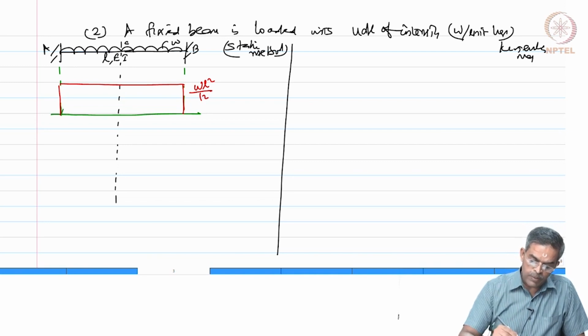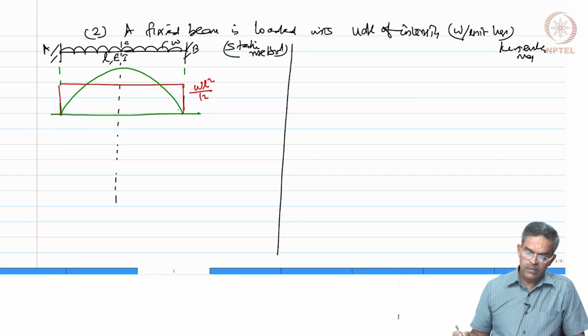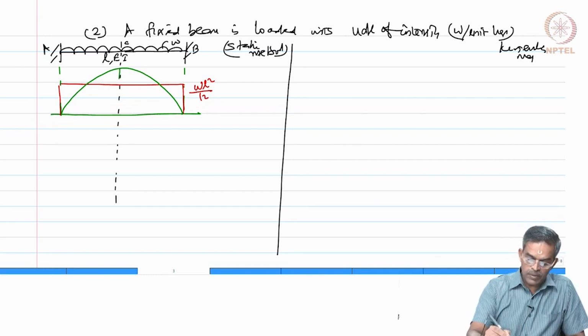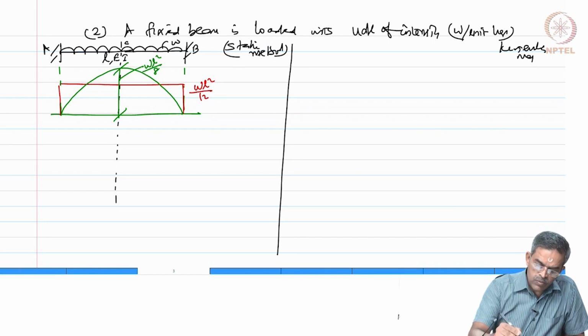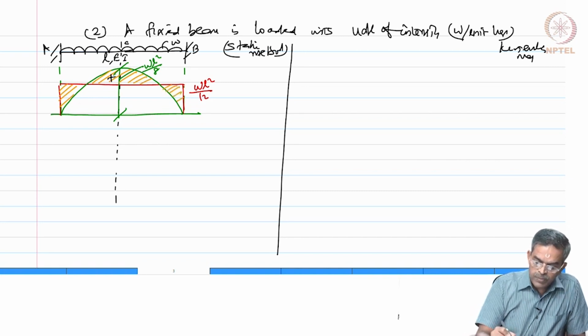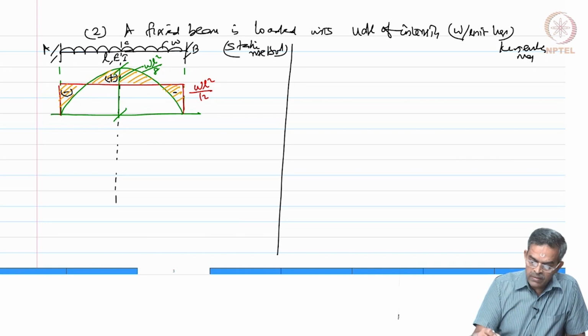Then let me superimpose the bending moment diagram of this, which will be equal to WL square by 8, am I right? So, now the net bending moment diagram is what I have here. Right, out of which this is positive, this is negative, this is negative.